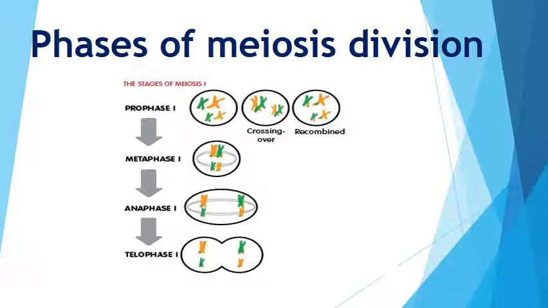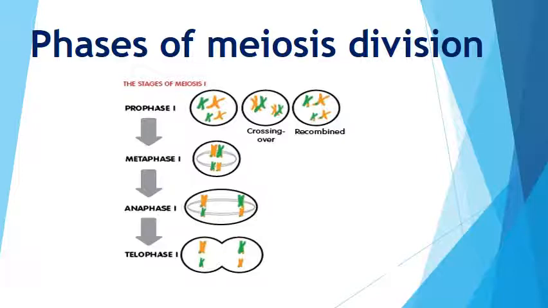Yeah, appearing of nucleolus and nuclear membrane again. So it is called the adverse phase for prophase, the opposite phase of prophase. Why? Because in telophase 1, the nucleolus and nuclear membrane start to appear again.